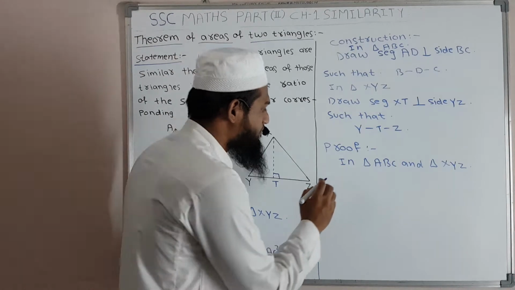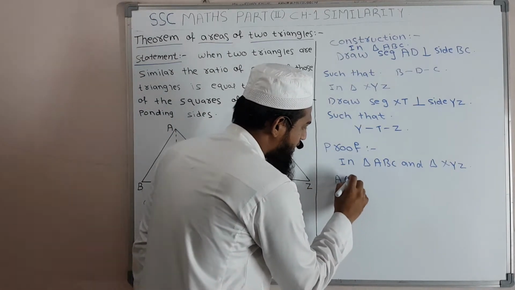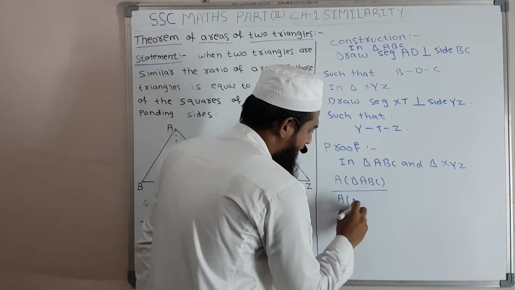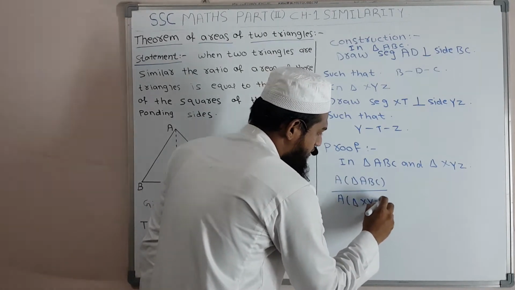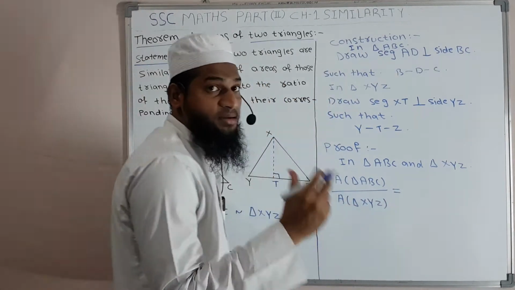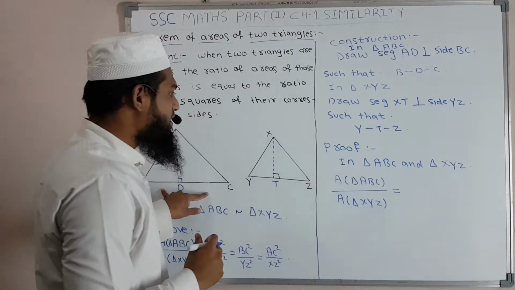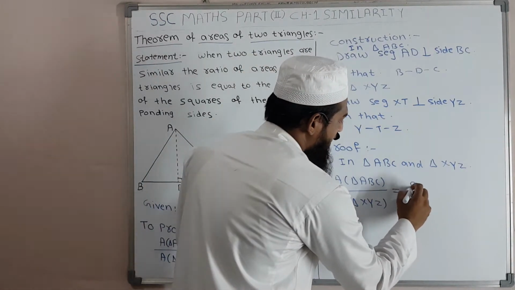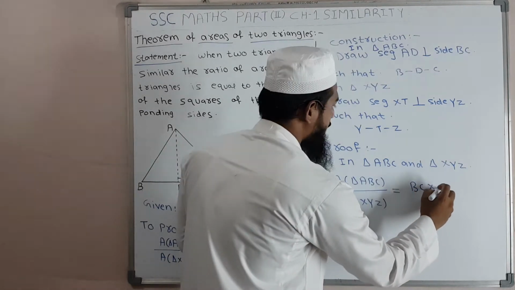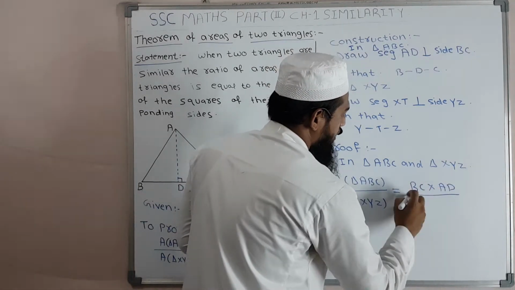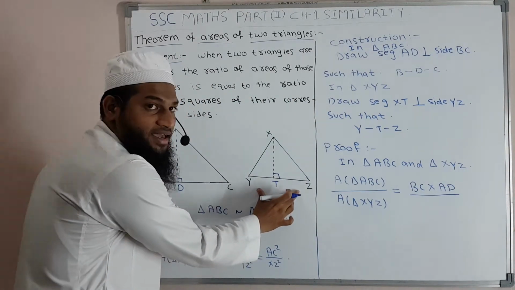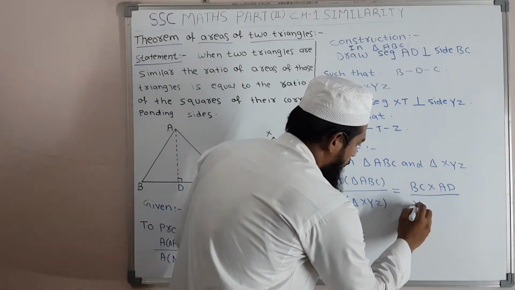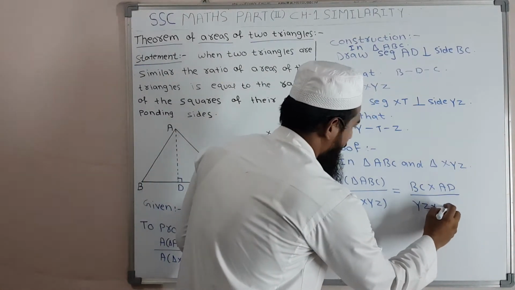So I can write here area of triangle ABC upon area of triangle XYZ is equal to, what is the base and height here? Base is BC and height is AD, so the product BC into AD, upon YZ is base and XT is height, so YZ into XT.